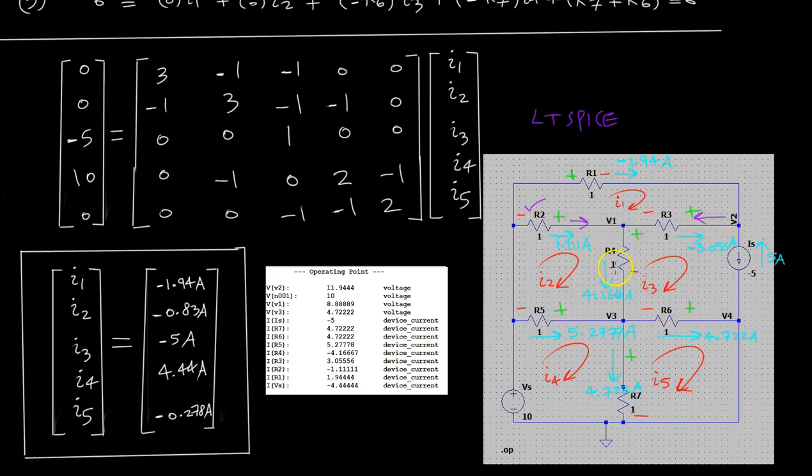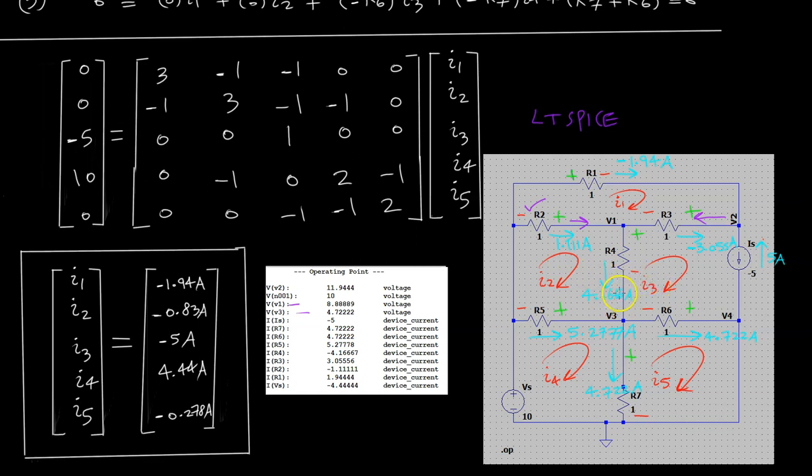Now let's look at this current here. V1 minus V3 would give us something like 4.11166, and that's the branch current we have going there. Now let's see, how can we verify the mesh currents? In this case it would be I2 minus I3.